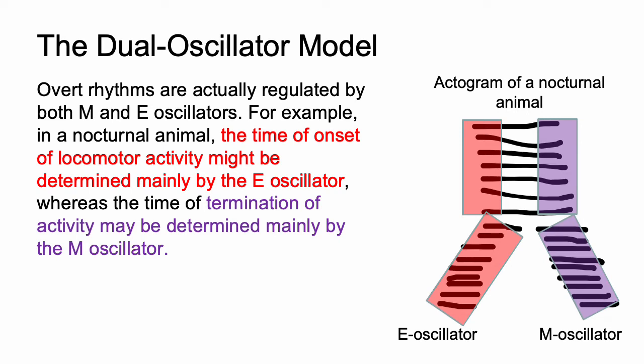You can think of them as linked or glued together when they're coupled, and they're responsible for their respective portions of activity in time. The E oscillator comes first, and then the M oscillator is responsible for roughly the second half of the rhythm.